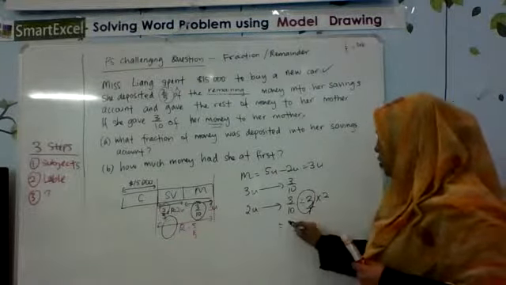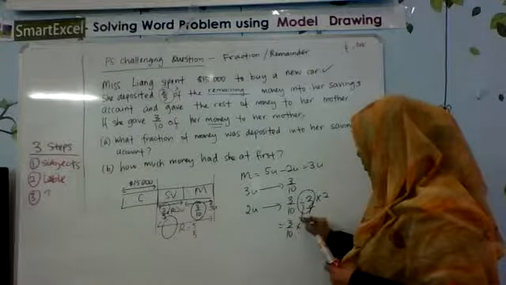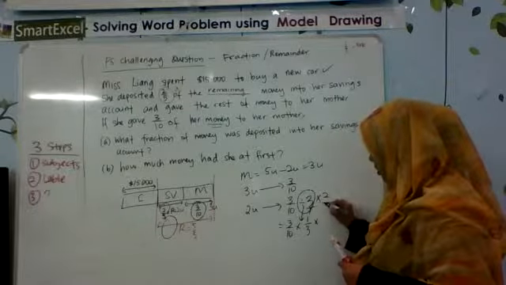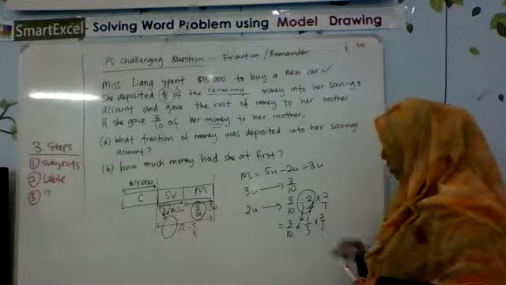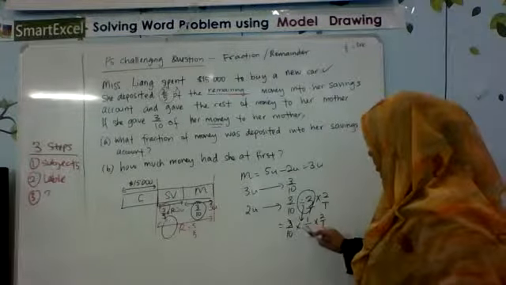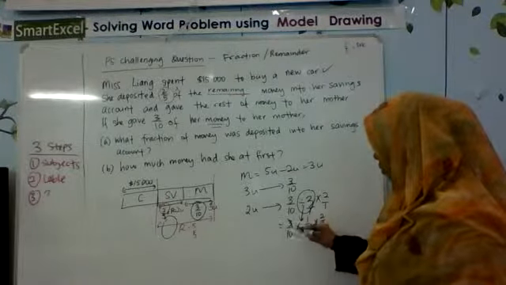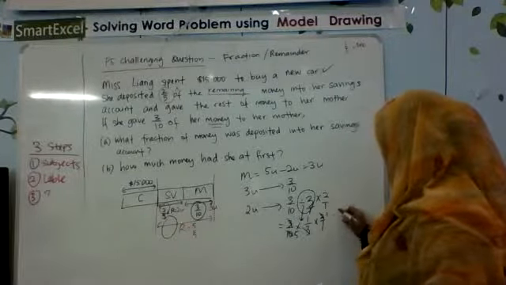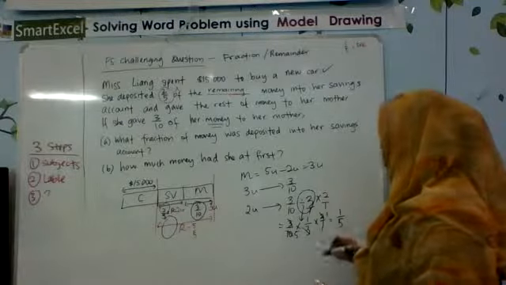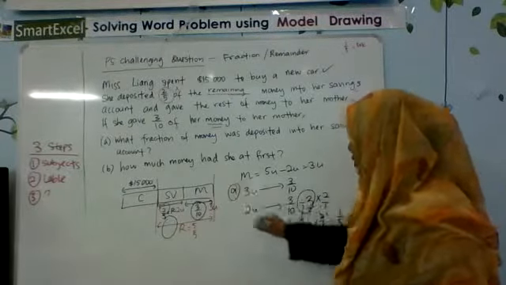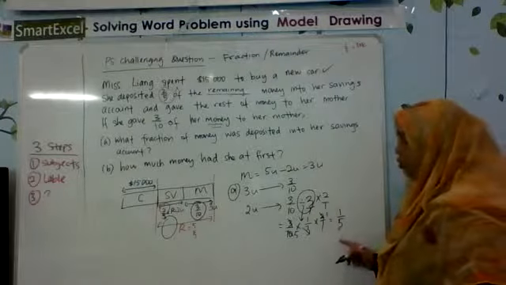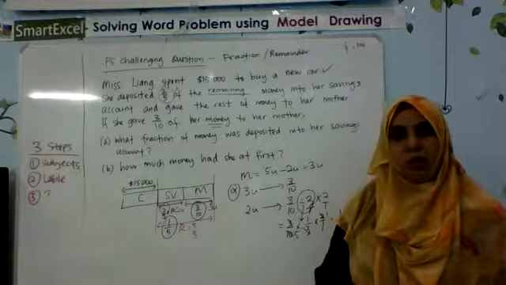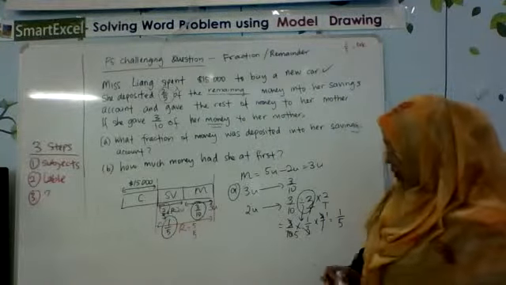So 3 over 10 times 1 over 3, times 2 over 1. We can cancel these off, and the answer will be 1 over 5. So your A question: the 2 units, which is the saving, the actual fraction is 1 over 5.